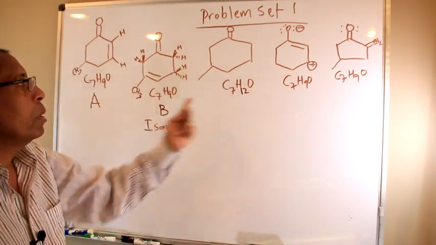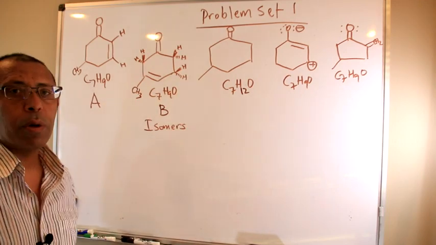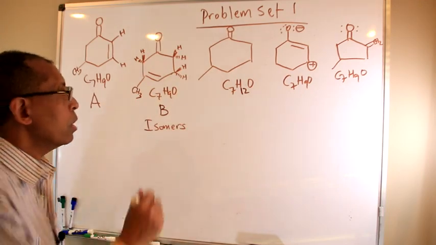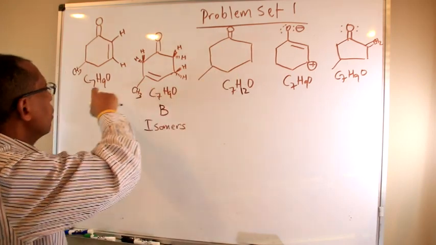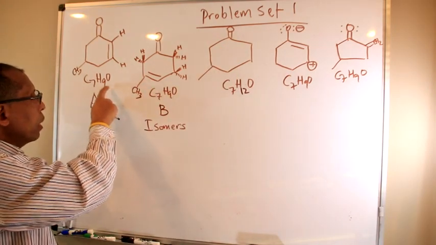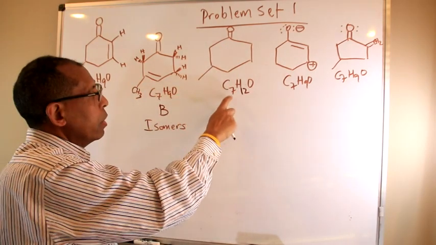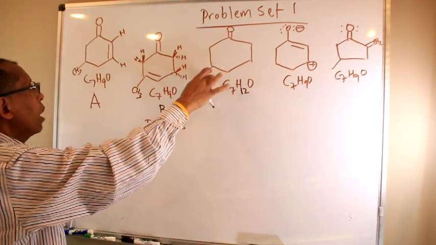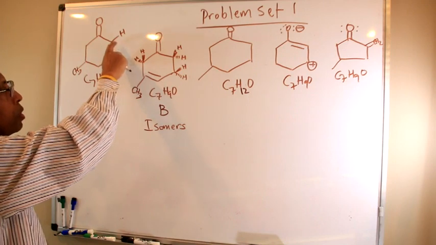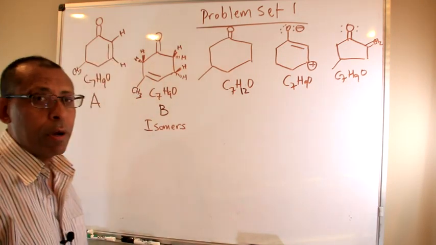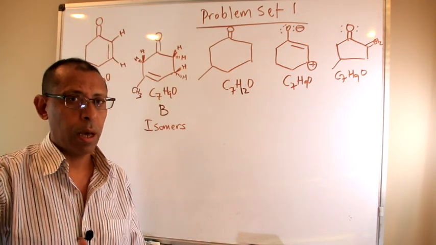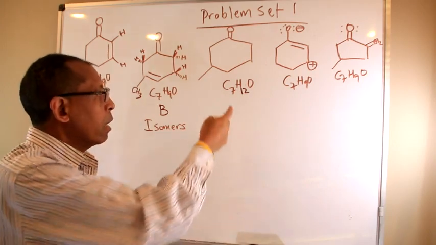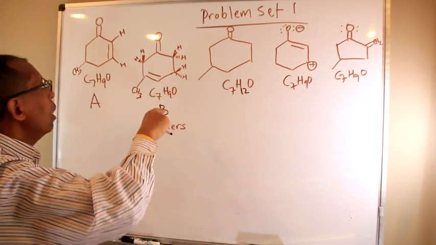So they should not be related at all. They are not even constitutional isomers. This is neither, because the formula here is C7H9O and the formula here is C7H12O. That means this compound doesn't have the double bond which this compound has. Whenever you make a double bond, 2 hydrogens are removed.